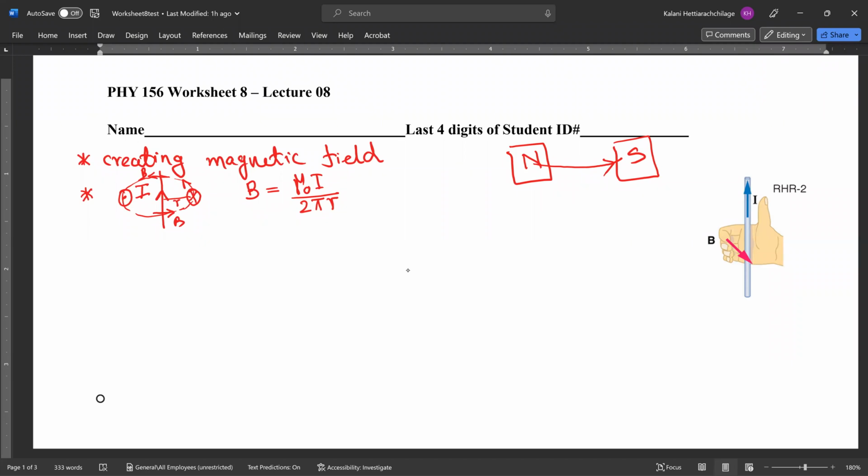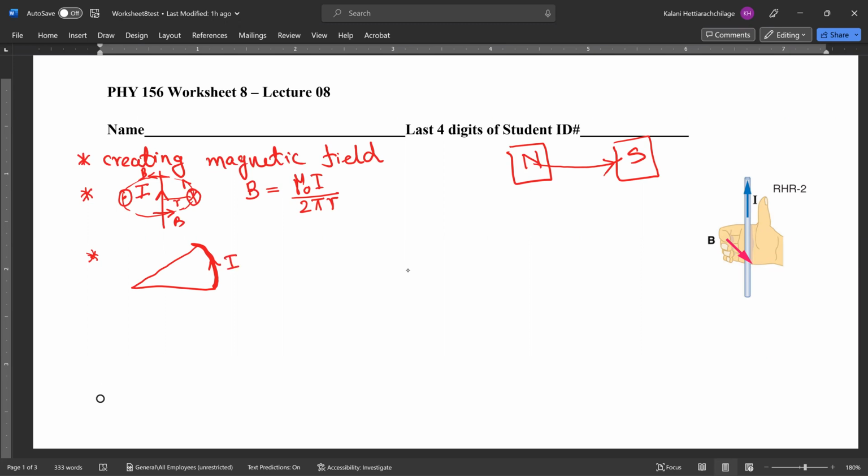In addition to that, we also discussed that your wire can have a circular shape, right? This is a straight wire, the first one. And the second one, the wire piece I have here, is arc shaped.